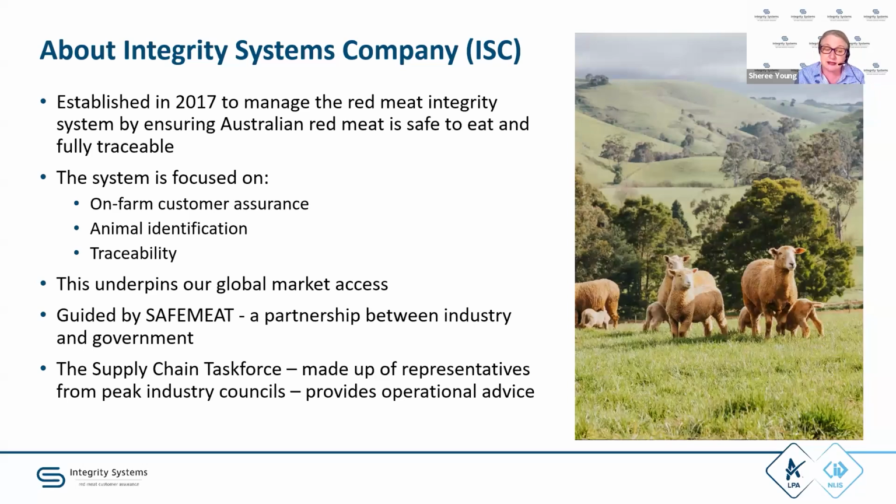All of these things come together to ensure that we continue to meet the requirements of market access, both here and overseas. ISC is guided by SafeMeat, which is a partnership between industry and government, and we also take operational advice from the Supply Chain Task Force, which is made up of a variety of representatives from the industry councils that represent the livestock industry. So that's a brief background on what ISC does.